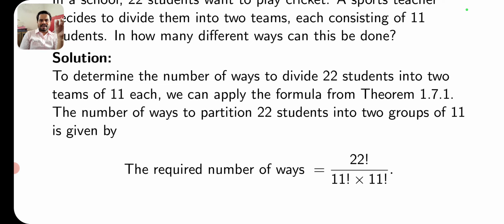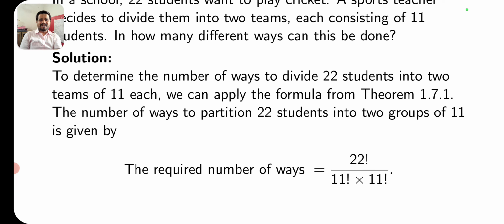Hence the number of ways to partition these 22 students into two groups of 11 students is given by 22 factorial divided by 11 factorial into 11 factorial. Just simplify this and we get the answer. So I think you understand how we can solve this example by applying the previous theorem for partition of a group into two groups.